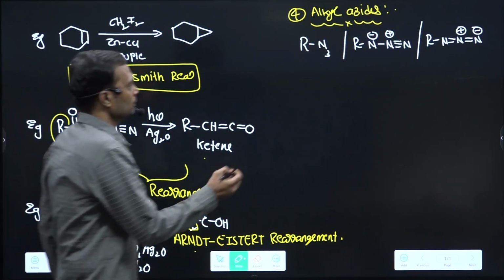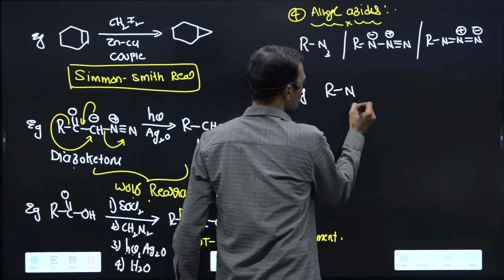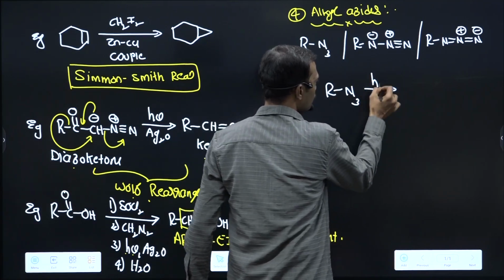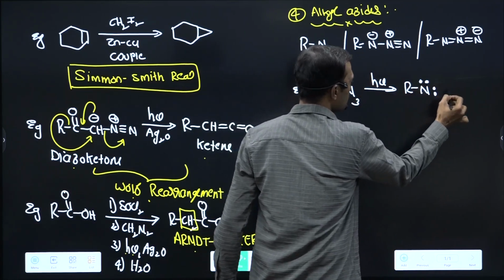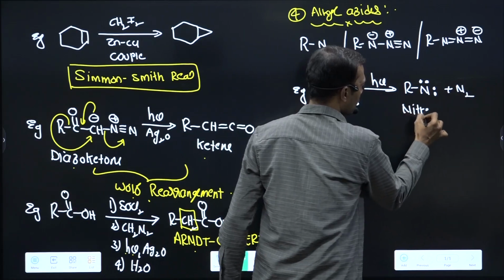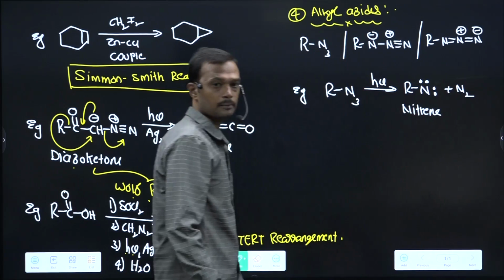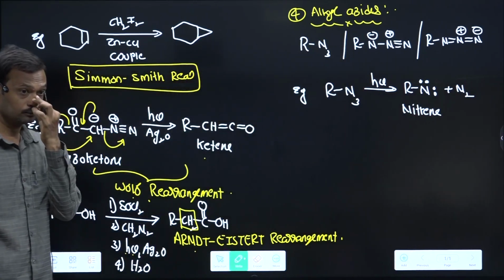Now, I am taking alkyl azide on photolysis, that is responsible to give nitrene. Nitrene is the intermediate in this one. Nitrene formation. What is the valence of nitrene? 1.